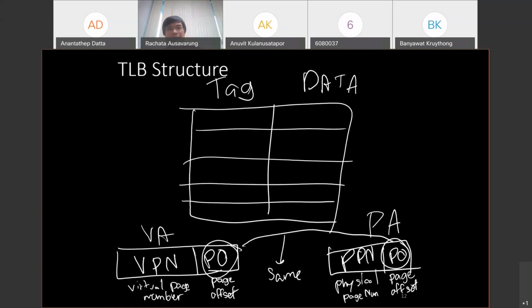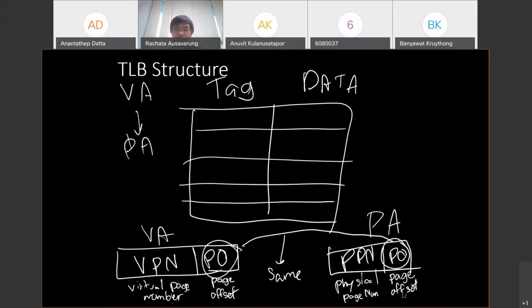So what goes into the tag? What do I search? What is the key? I have the VA, I want the PA. So what should I put?